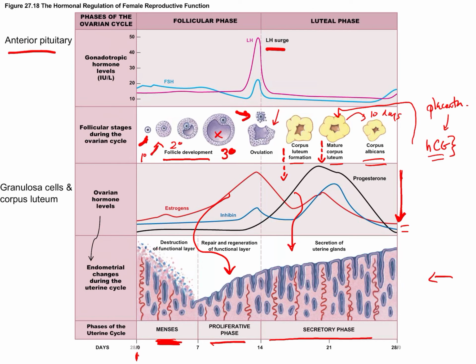And the thecal cells are kind of like the Leydig cells of the male. So the thecal cells are going to respond to LH, luteinizing hormone, and then they're going to secrete your androgen. They're going to secrete testosterone. And the testosterone is going to diffuse into the granulosa cells, and the granulosa cells will then change testosterone into estrogen and secrete estrogen.